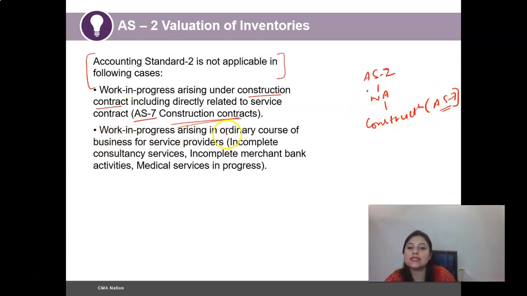Again, work in progress arising in the ordinary course of business for service providers, that is, incomplete consultancy services, incomplete merchant bank activities or medical services in progress.